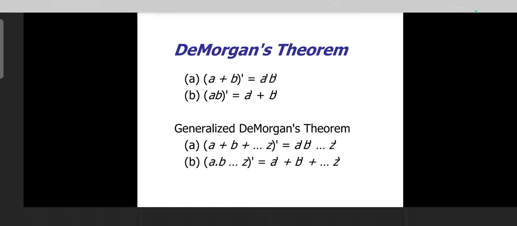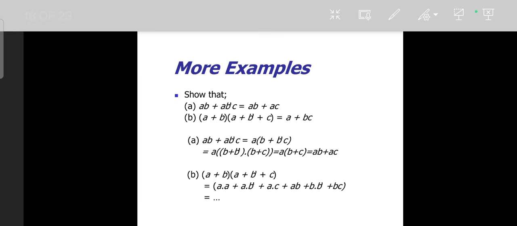I have given a clue: you can use the factoring-out concept, the distributive property, and the complement law. Again use the distributive property, and you will get AB plus AC. For the second one, you can also apply the same laws.